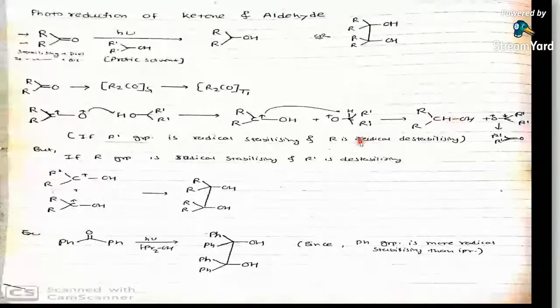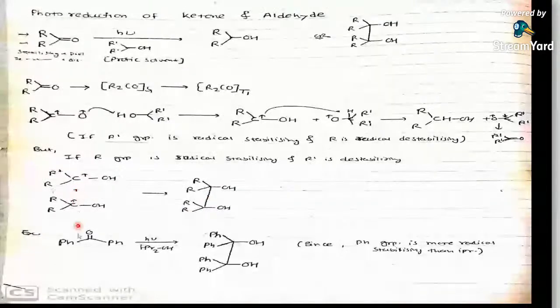But if the R group from the reactant is radical stabilizing, if it can stabilize the radical, then it will give you the diol. I have directly taken this species, R C radical OH R. These two radicals can combine with one another and form a bond after undergoing spin inversion.